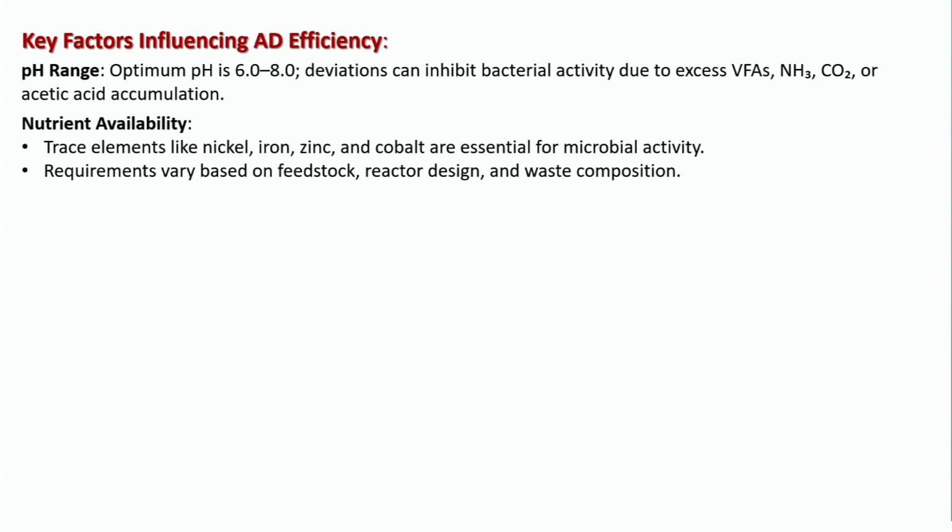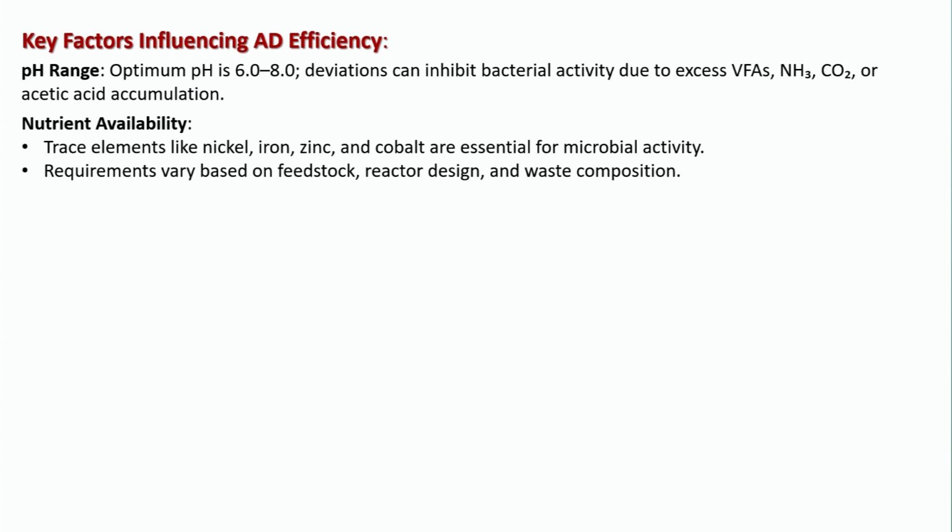Initially, I already mentioned that pH is going to be very, very important, and this pH range is in between 6 to 8, and if you have a deviation, this is going to inhibit particularly your bacterial activity due to your excessive volatile fatty acid or ammonia concentration or carbon dioxide or acetic acid accumulation, as well as the nutrient availability. The trace elements like nickel, iron, zinc and cobalt are essential for your microbial activity.